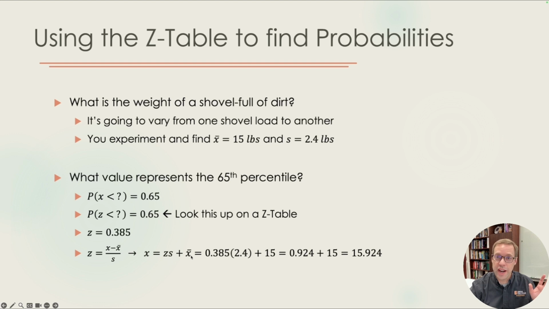All I did was solve for x. So I take my z-score of 0.385, multiply it by the standard deviation of 2.4, and then add the mean, 15. And that will give me 15.924. So what's the 65th percentile of my shovels full of dirt? My 65th percentile is 15.924.